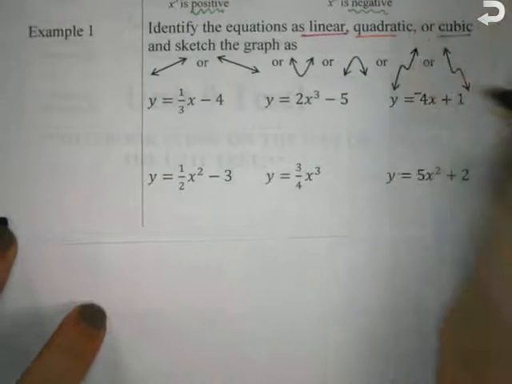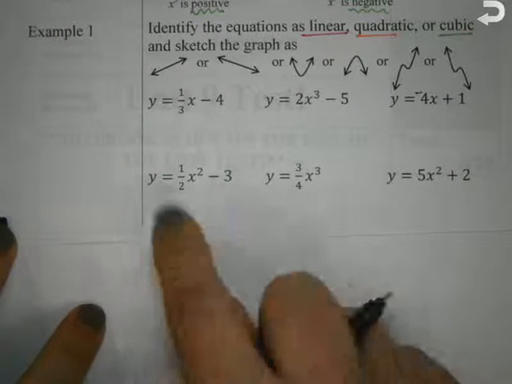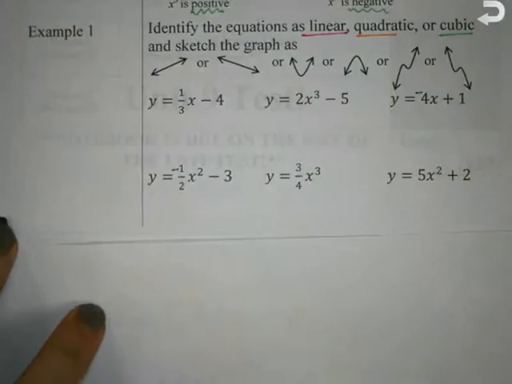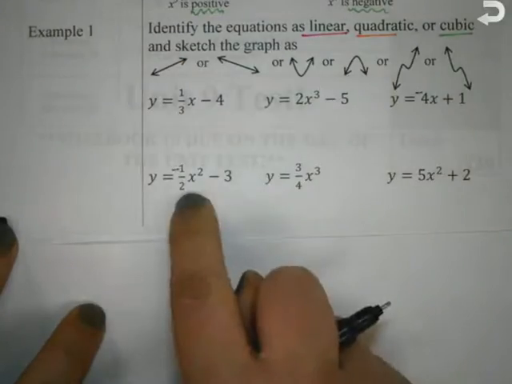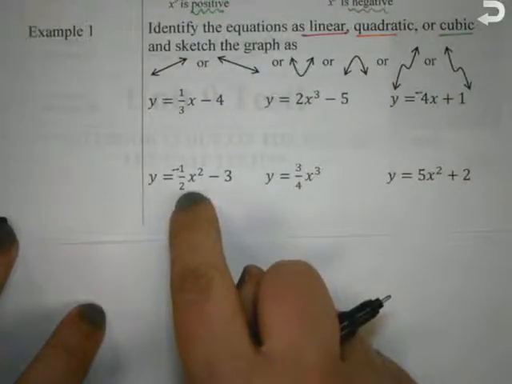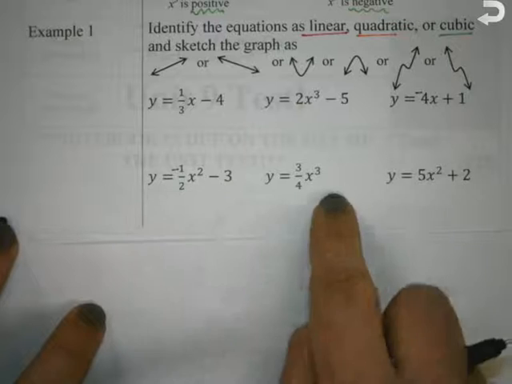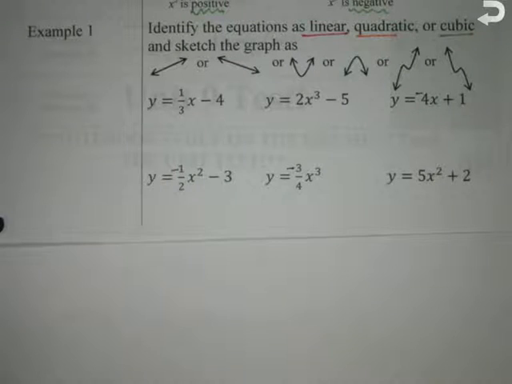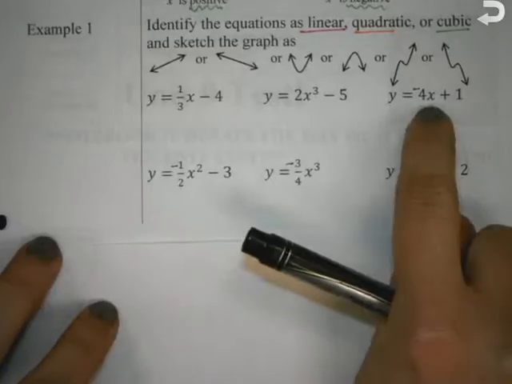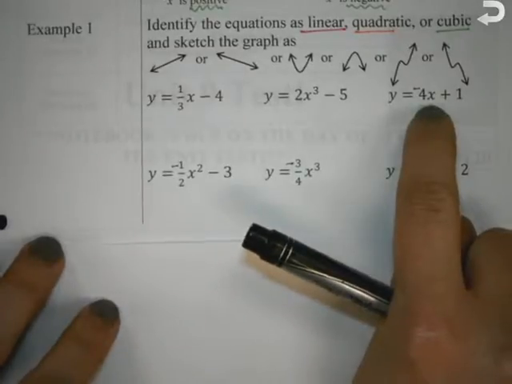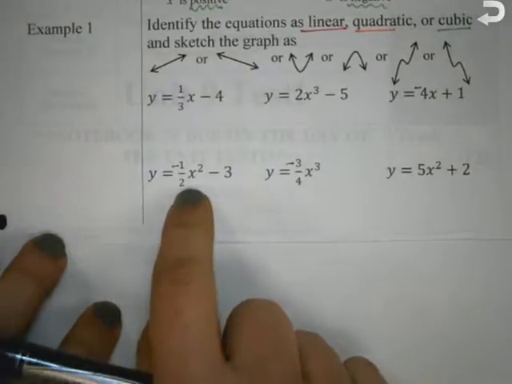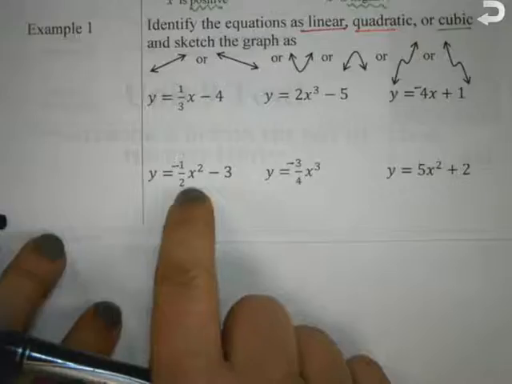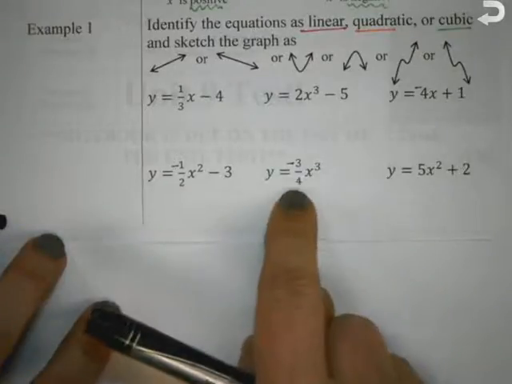On the bottom row, make the 1/2 negative, so it should be negative 1/2. And on the second one on the bottom row, make the 3/4 negative.